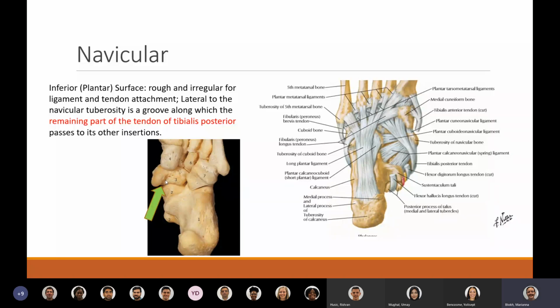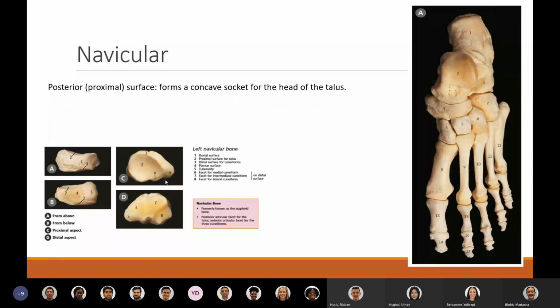Sometimes they give you a bone and ask about it. By the way, just be aware: the boards are not perfect, and sometimes, don't freak out, just make a note. There were situations where you were given a question about the navicular and the multiple answers did not match the question.